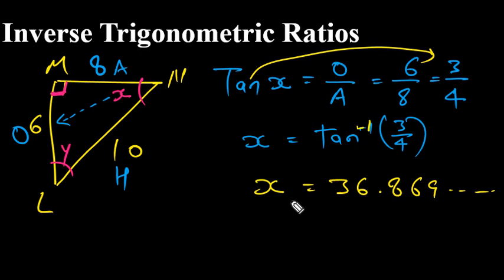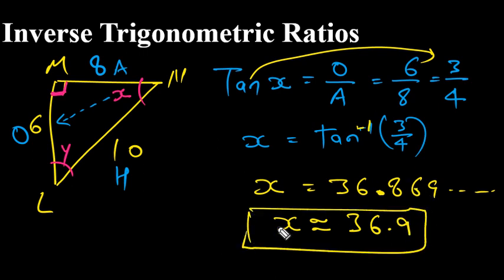Round it to the nearest tenth, as I said. So x is approximately equal to 36 point, and this is more than 5, so 36.9. That is your angle. This is x degrees, so 36.9 degrees. The angle is represented in degrees.